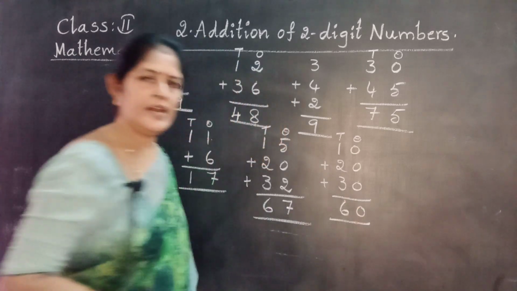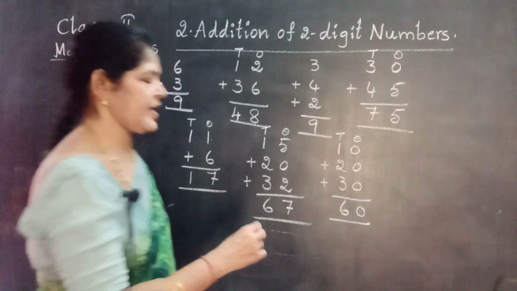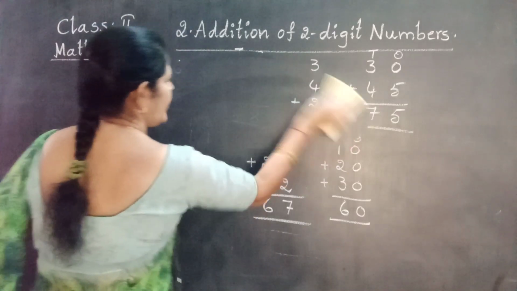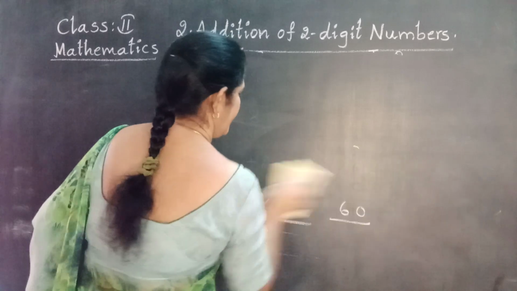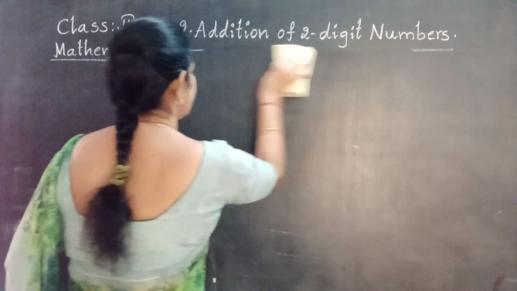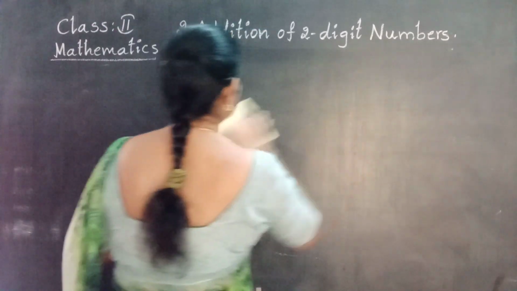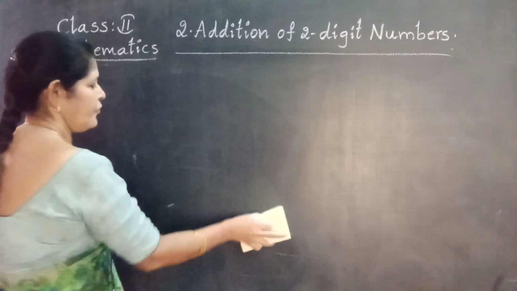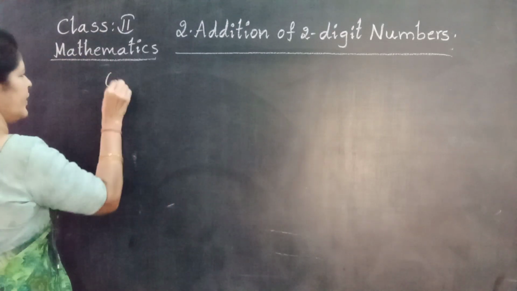What is the total? 60. In the given examples the numbers are two-digit numbers. First add ones, next go to tens. You have to remember in the mind: in addition, start from the ones place.